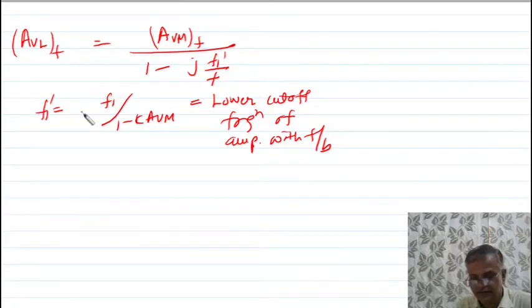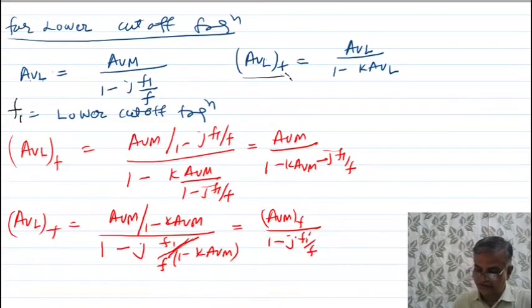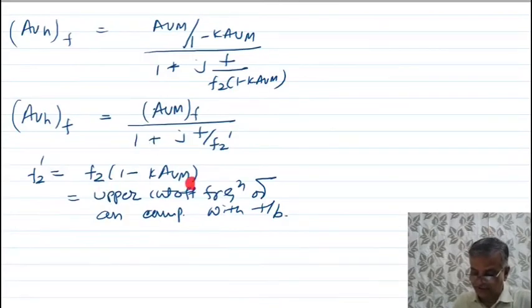It means f1 dash decreases. With negative feedback, lower cutoff frequency decreases and upper cutoff frequency increases. By how much times? 1 minus K AVM times. F2 dash is increased by 1 minus K AVM times than the f2.